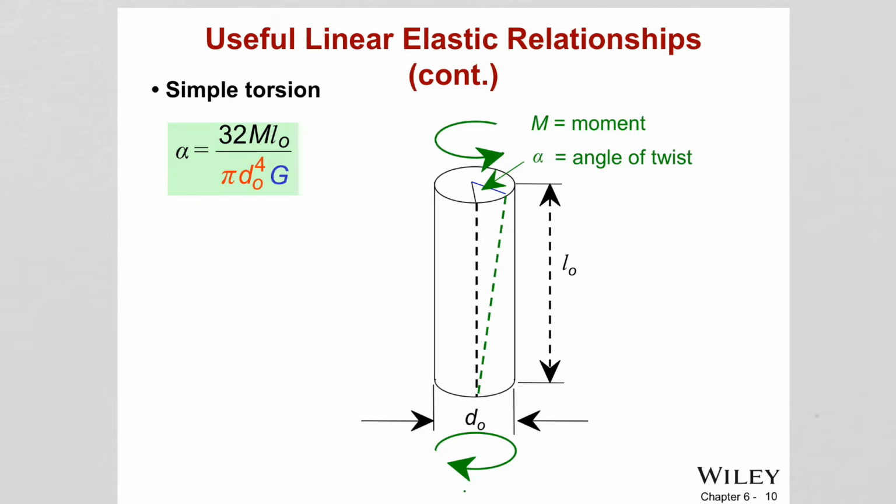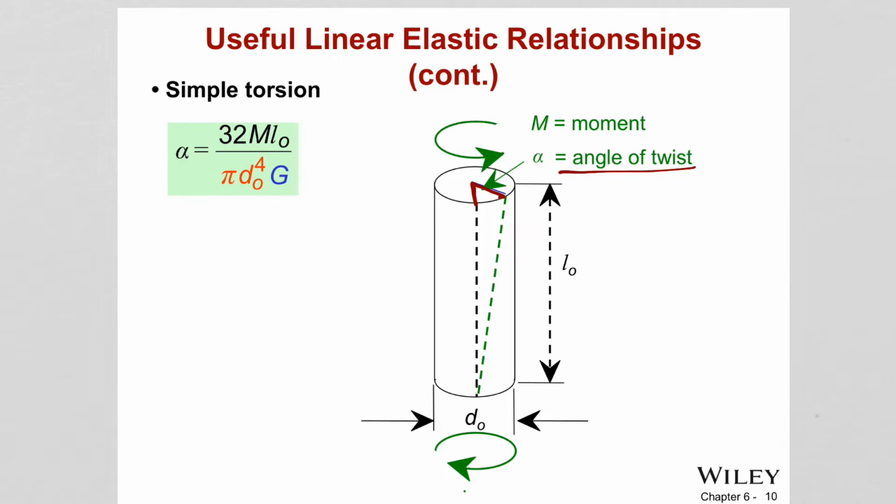There is also another useful relationship to explain torsion, which is the angle of twist, that is related to the torsion strain. So this bar is exposed to torsion, right? We are trying to twist it, and if we put a line here like that, and we cross the sample like that, and then if we try to twist, that line will come here.